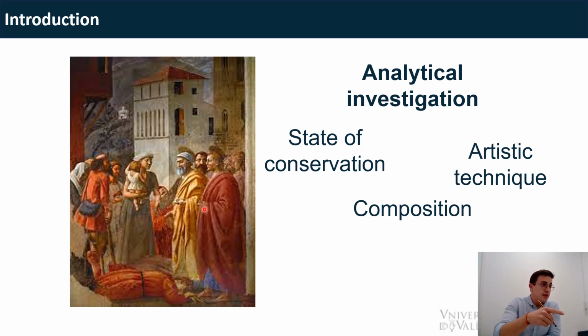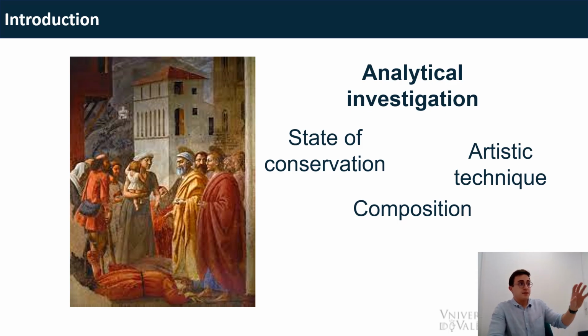All these techniques leave a chemical fingerprint in the picture, and nowadays we can have that information mainly through spectroscopy, but not only, and we can then reverse engineer how the artist created it. And then we can, of course, talk about the composition itself: what is it made of? What is in that picture?